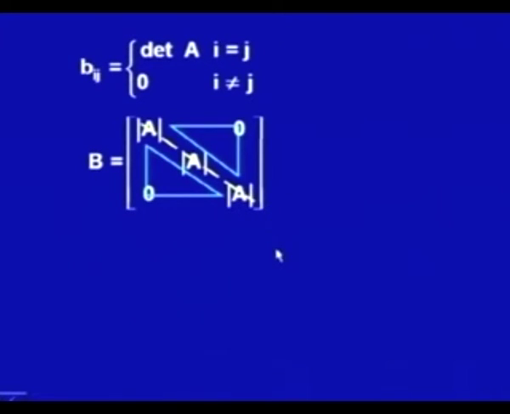So, if B is a diagonal matrix, then one can take determinant A outside, it is a number only, and what remains here is nothing but the identity matrix.